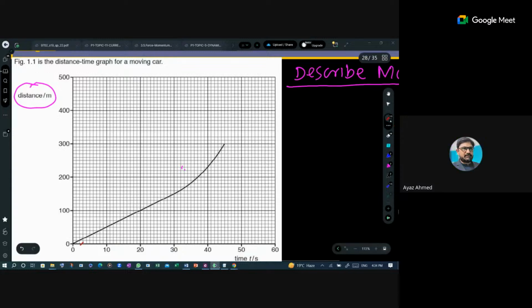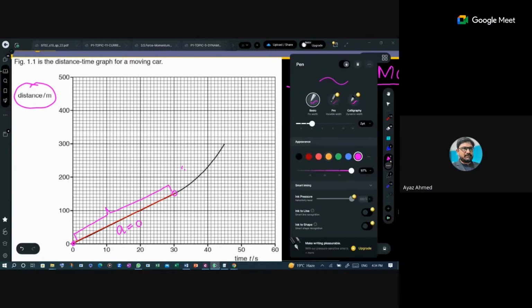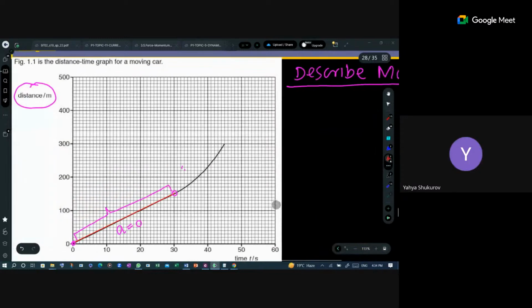You can place the point anywhere between 0 and 30, somewhere between these points. Beyond this, you can place that point anywhere in between. In all of those areas, acceleration is zero. Am I clear? Yes, sir. So here you have zero acceleration.